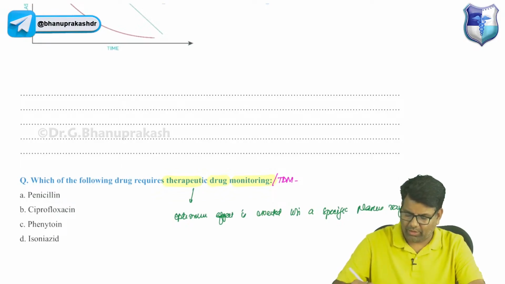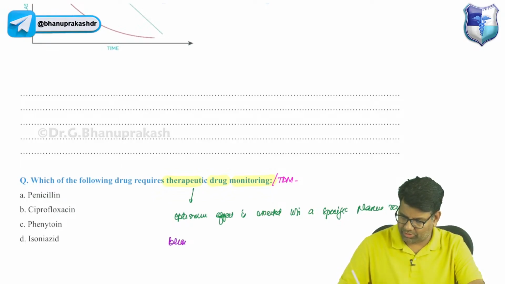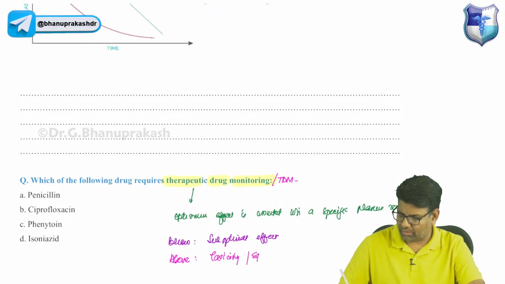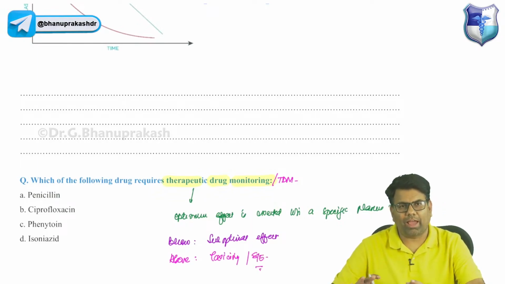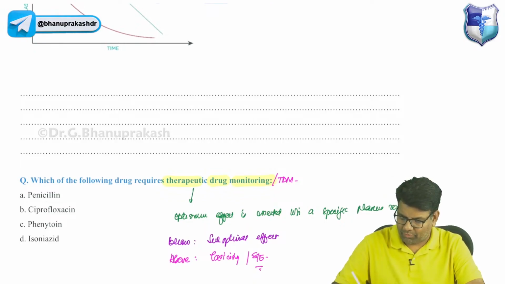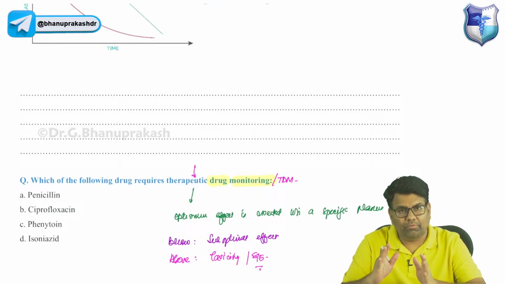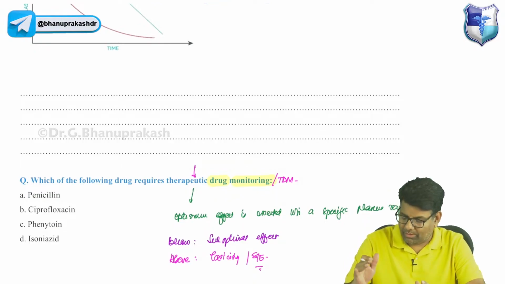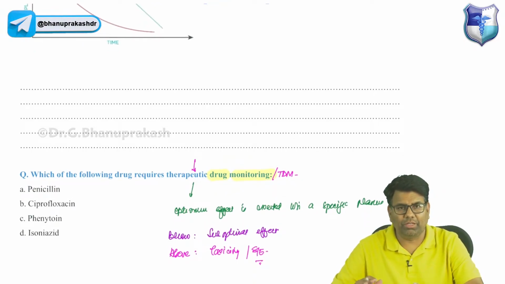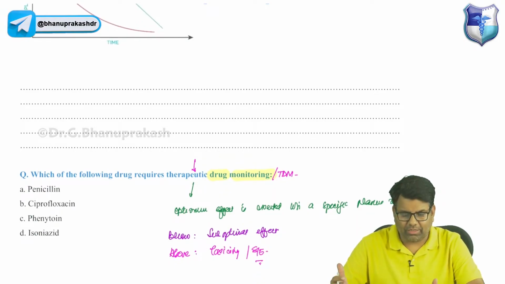If the value is below that range, there will be no optimal effect, and if the value is above that range, there will be toxicity. So the optimum value will produce optimum results, and therefore we have to monitor that the drug concentration in the plasma is within that particular range.